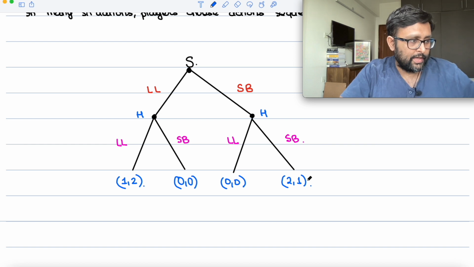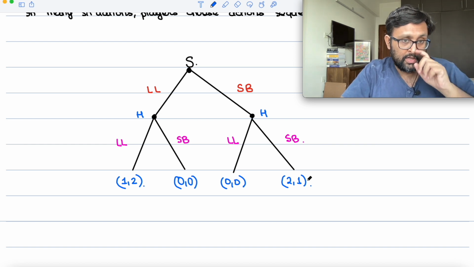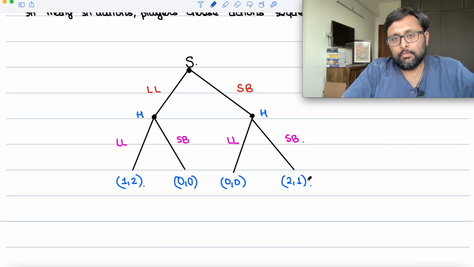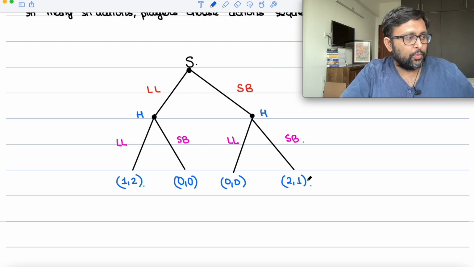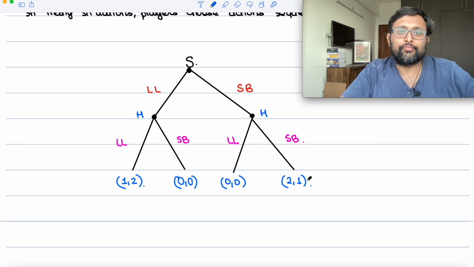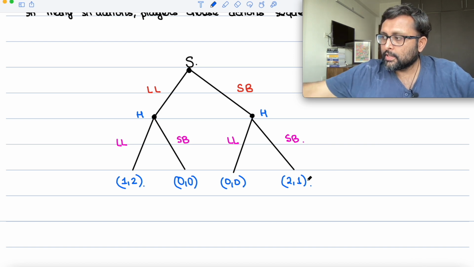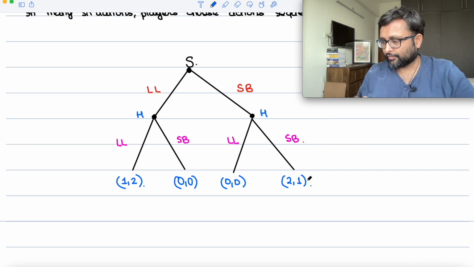Now, before solving the game, think about it. There are a few things which you have to understand. This entire thing which you have just drawn is what is called the game tree.